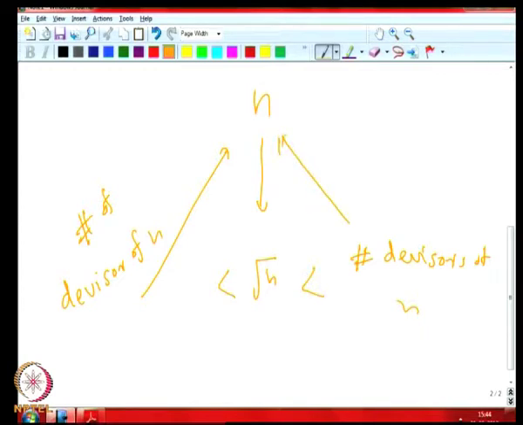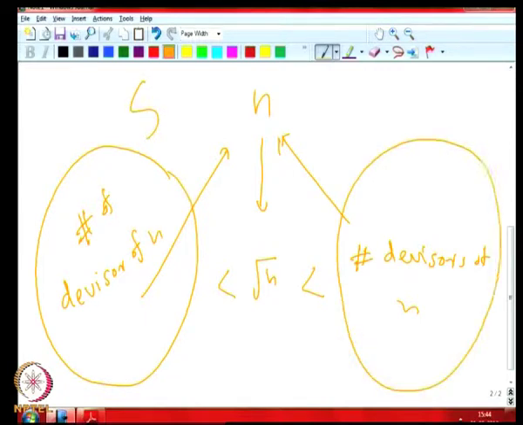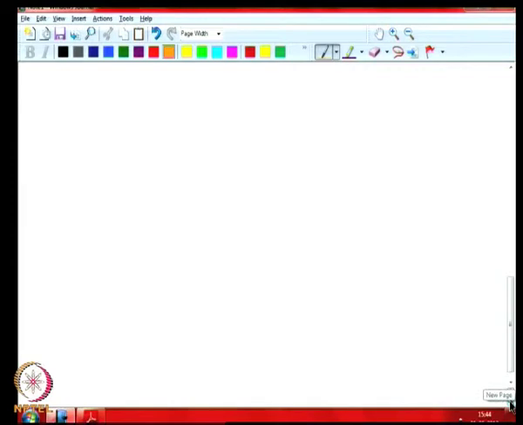This is what we want to see. What we do is, let us consider the first set as S and the second as T, and then we will establish a bijection F between S and T. So, we want a bijective function F from S to T.